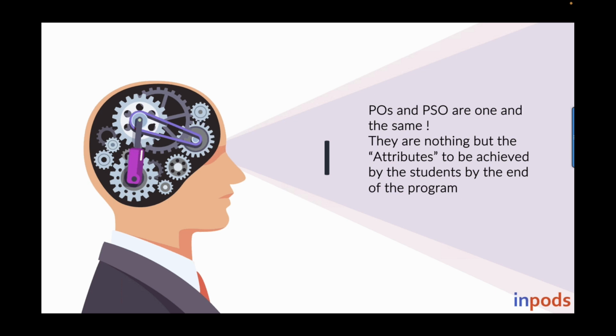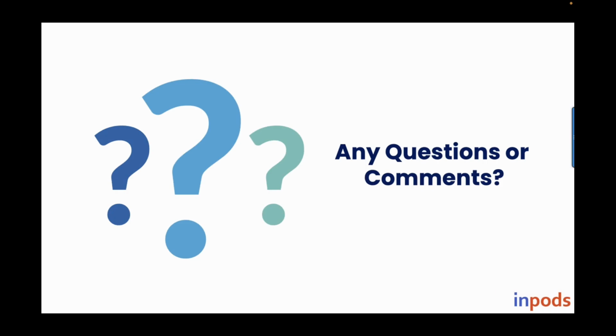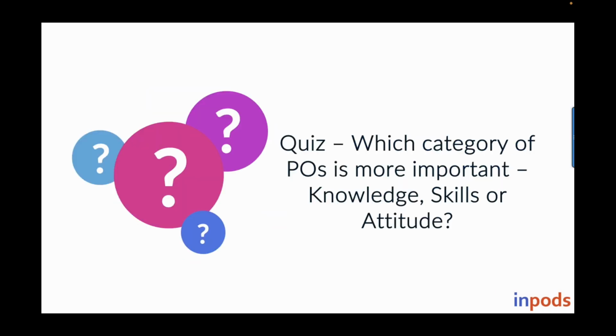POs and PSOs are nothing but the set of outcomes to be achieved by the students, and those have to be taken as a reference for your curriculum designing. So now this question to you: which category of the POs is more important, knowledge, skill, or attitude?